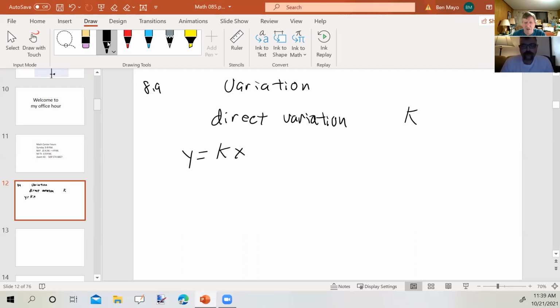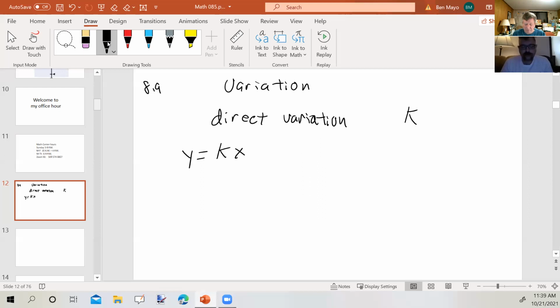I call it the variation constant because that's the shortest description. K will be present in all of the formulas. Most of the time, it's not even mentioned though. What'll happen is this. They'll give us a scenario and they'll tell us everything but K. We'll use that information to determine what K is for that scenario. Then we'll plug that value in for K, and then there'll be a follow-up scenario using that K value.